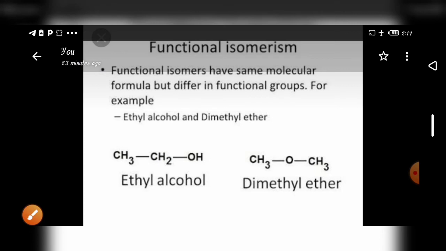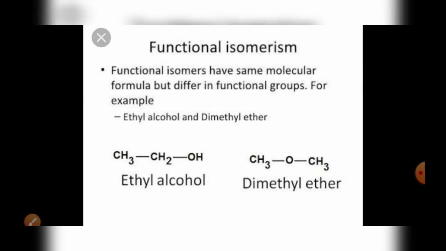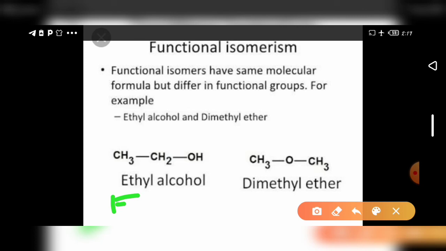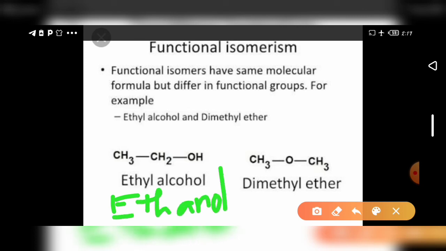Okay, next functional isomerism. What is meant by functional isomerism? Functional isomers have the same molecular formula but different structural formula. You know very well that alcohol has ROH. Now here you see ethyl alcohol, whose IUPAC name is ethanol.